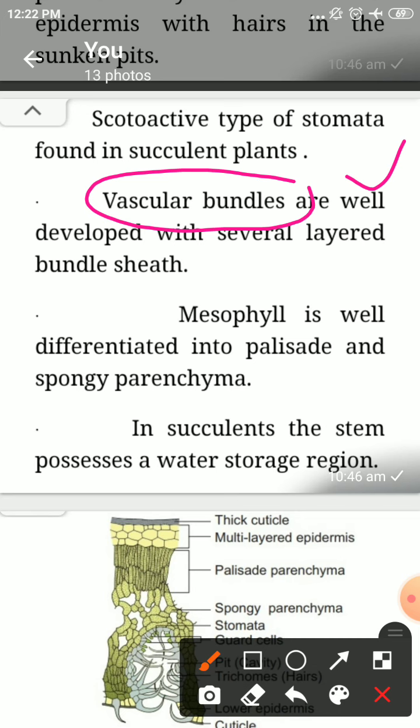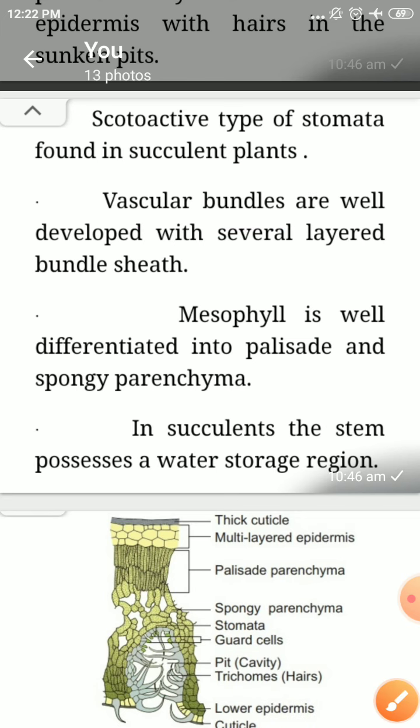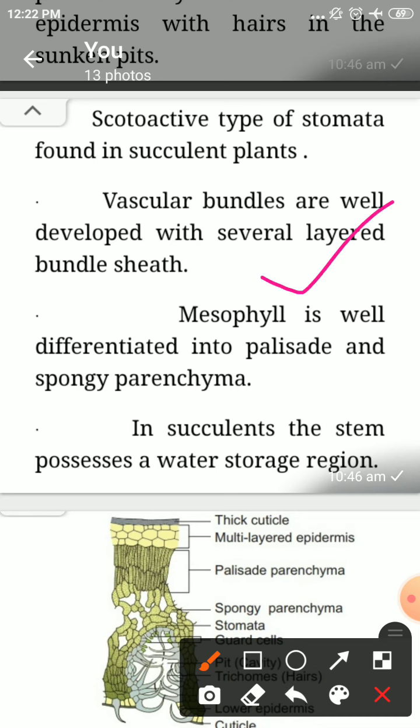Besides the development of conducting tissues, there is mesophyll in the stem. For example, in numerous xerophytes the stem itself is green in color. In Opuntia, the leaves are absent, modified into spines. So who will do the photosynthesis? The stem does it. The stem has photosynthetic tissue, it is green in color, and it performs photosynthesis.